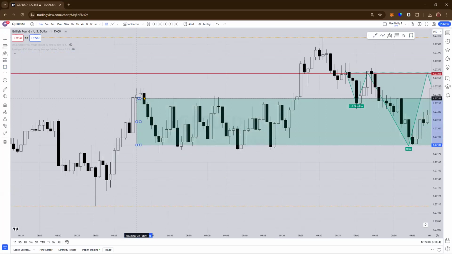Okay. This would be considered a breakout trade. Because it's consolidating, you're not placing any trades within this consolidation.